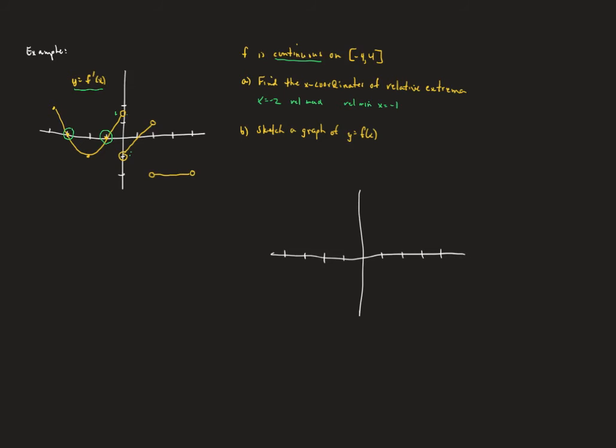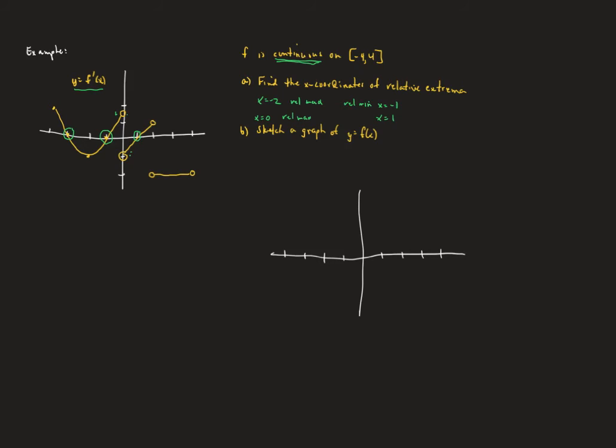So an undefined derivative is a critical point. We do have a continuous function, and so that means at x equals 0, we're going to get another relative maximum. Now it's going to be 0 again here at 1, and so that's also going from negative to positive. So we're going to have another relative minimum at x equals 1.